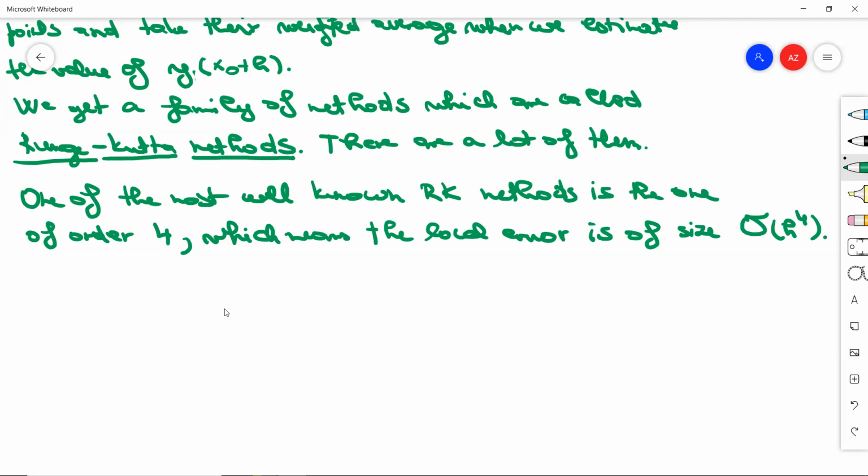So this means that if we halve the size of the step, then the error is multiplied by 1 over 2 to the power of 4, so 1 over 16. So it's much more accurate than Euler's method.